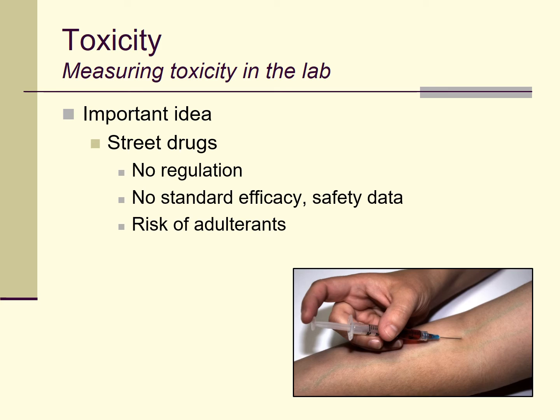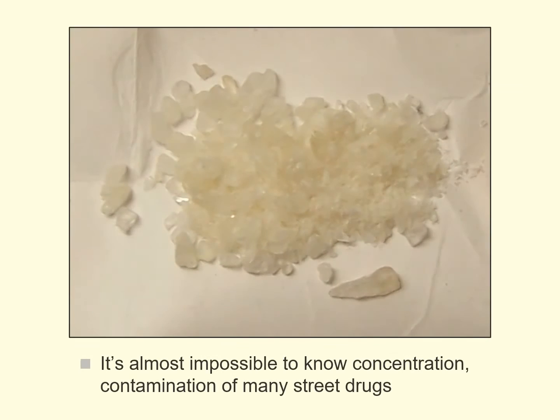Those adulterants may themselves be quite dangerous to the body, in addition to the danger posed by the actual drug itself. So if we look at a street drug like crystal meth here, it's almost impossible to know the concentration or the contamination associated with many street drugs.